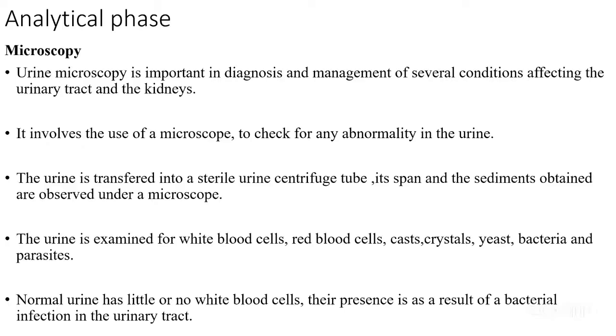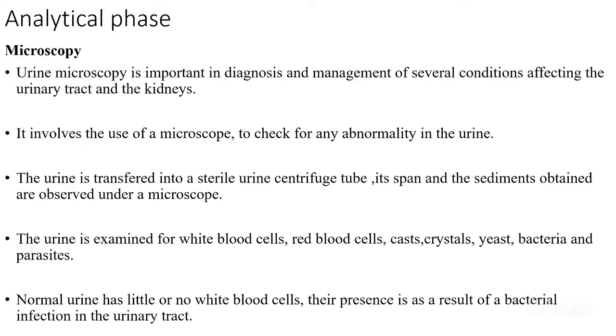Usually the urine is transferred into a sterile urine centrifuge tube and spun, and the sediments that are obtained are observed under a microscope. They are examined for blood cells, white blood cells, and red blood cells. You check if we have casts, and also if we have crystals, yeast, bacteria, or parasites.